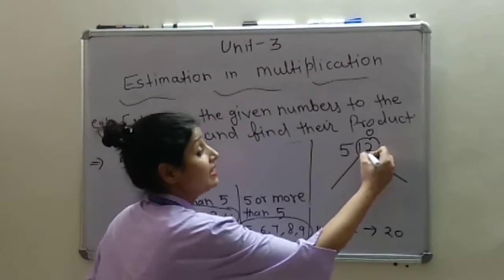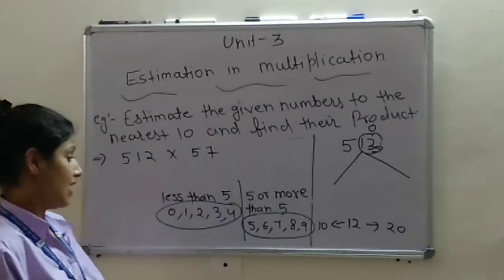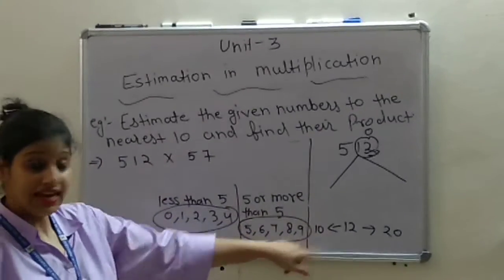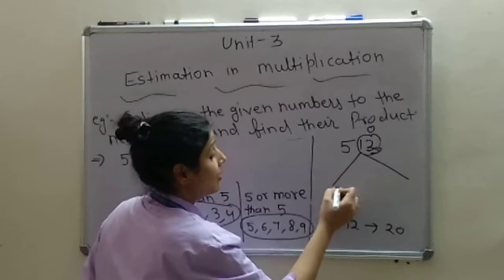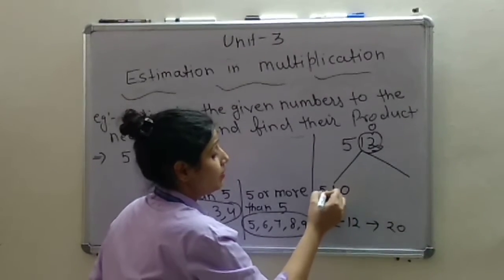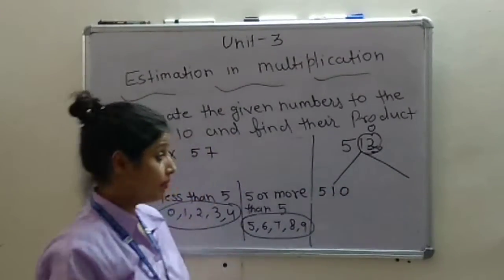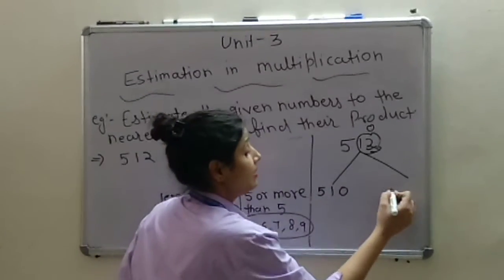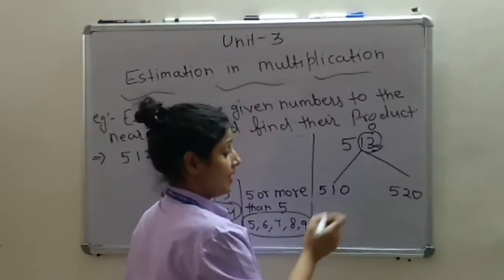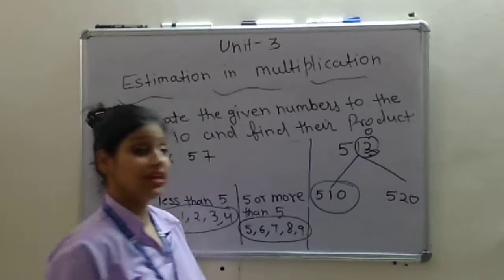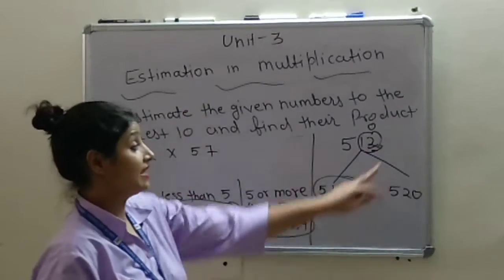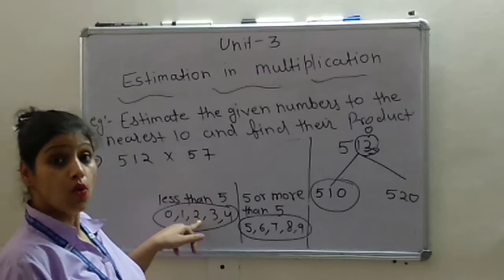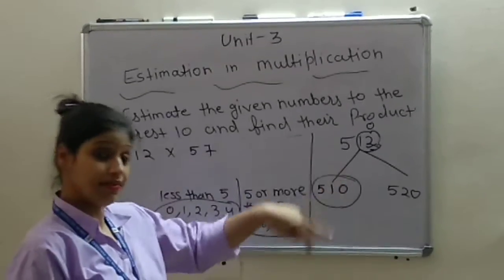So as the digit at ones place is less than 5, it should be 10. That means this 12 will become 10 and 5 will be as it is. That means this 512 will become 510 and the other will be 520. But we will round off to 510 as the digit is less than 5.